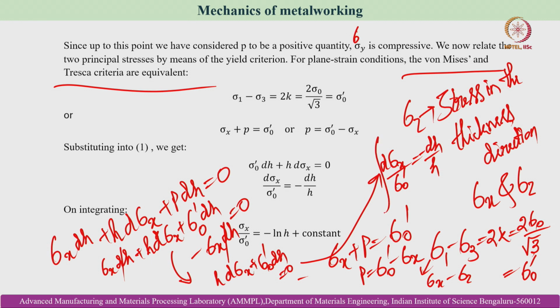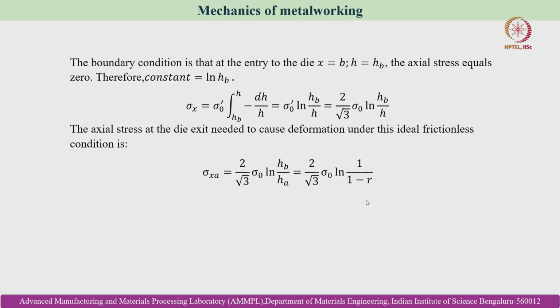If we integrate both the sides, then we can write sigma x by sigma 0 prime is equal to minus ln h plus c, a constant. Okay. So, the boundary condition is that at the entry to the die, x is equal to b, h is equal to h b.